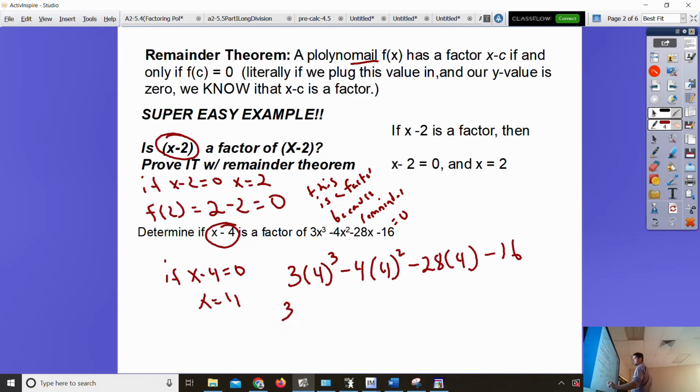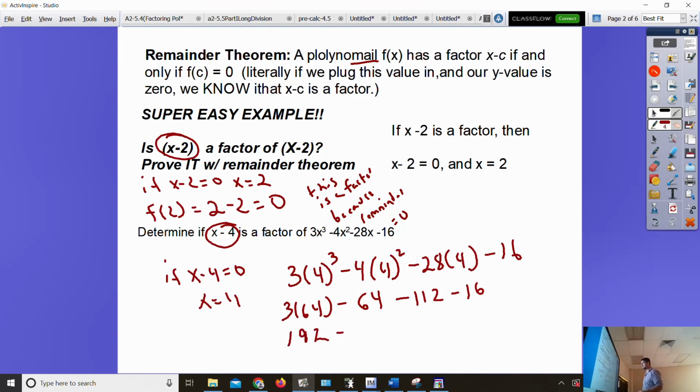Four cubed is 64. This would be another 64. 4 squared is 16 times 4. 28 times 4. Negative 112. And minus 16. Time to put some stuff together. 3 64s makes 192.